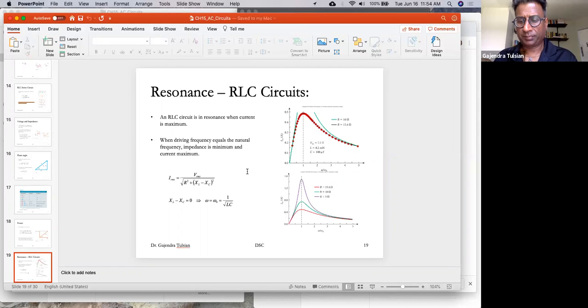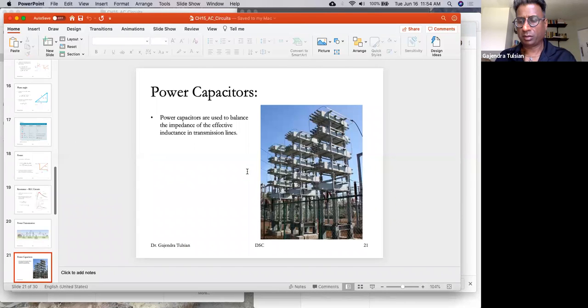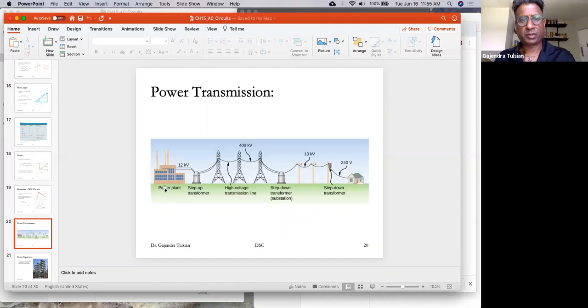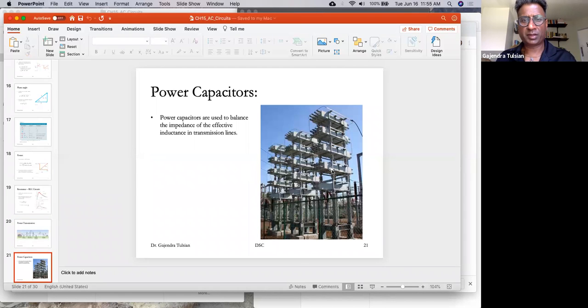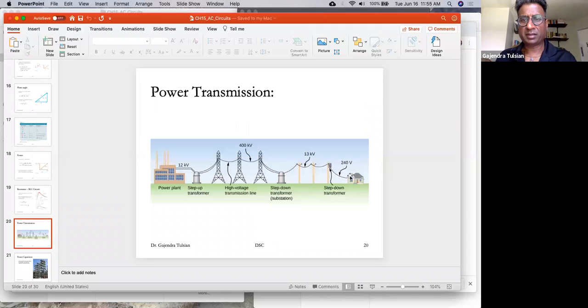Well, in fact, let me show you the power factor. So here's a power plant, and here's a city. Power is delivered via transmission lines, and you see these transformers on poles near your house. Imagine that this is a city. It turns out that these power lines will have inductive impedance.